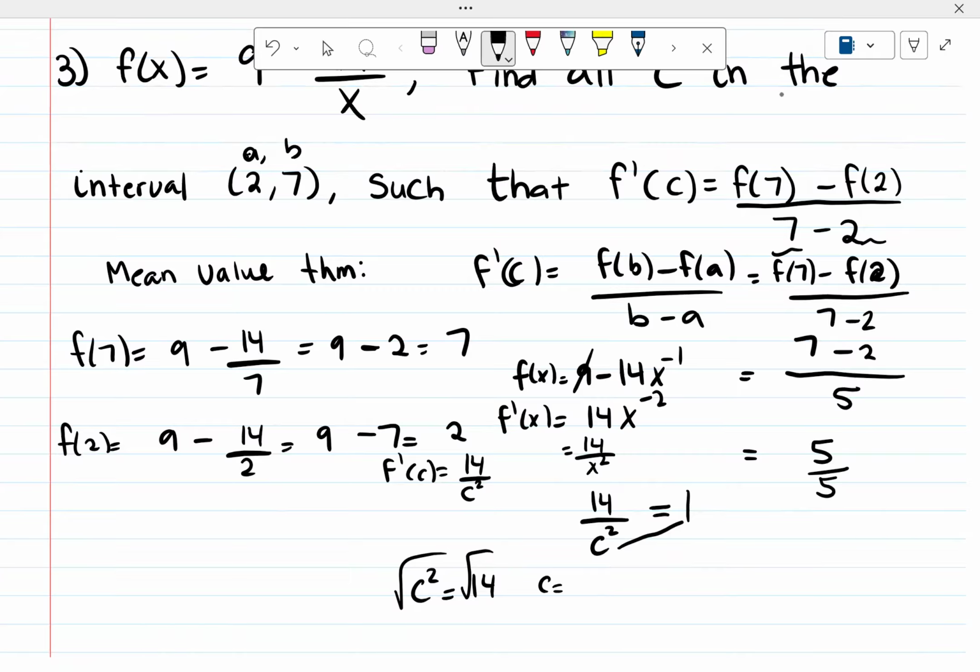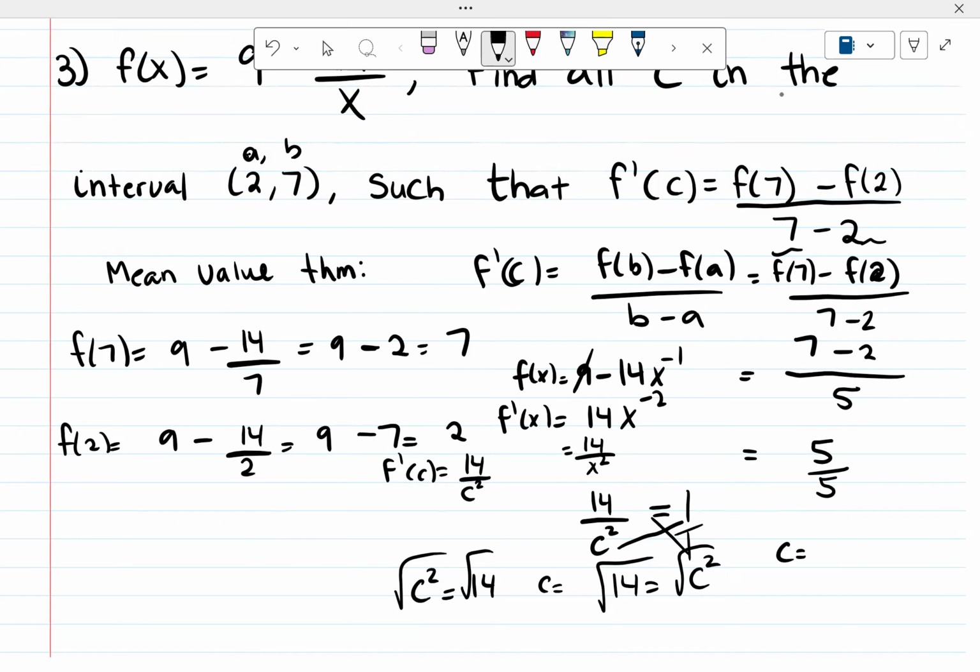Wait, hold on. What did I just do? I found f prime, which is 14x to the negative 2, and then I replaced the x with c. So f prime of c is 14 over c squared. Then I set that equal to this side, which is 5 over 5 or 1, and cross multiply. So 14 equals 1 times c squared, which is c squared. Take the square root of both sides.